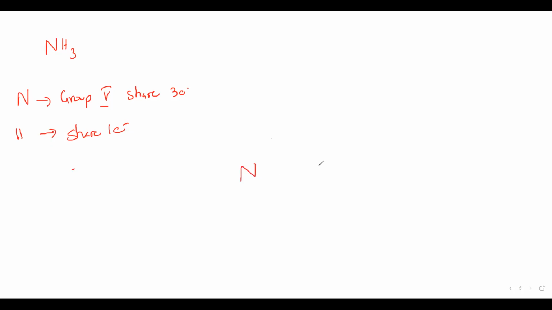So I have 1 nitrogen and I will draw 3 hydrogen. It can be like 2 on the sides and 1 at the top or bottom. That does not make a difference. You can place it even like this. The idea is that nitrogen should be in the center and surrounded by 3 hydrogen.